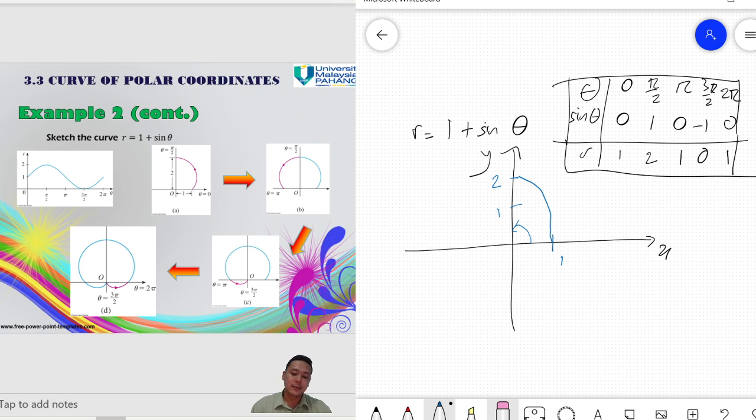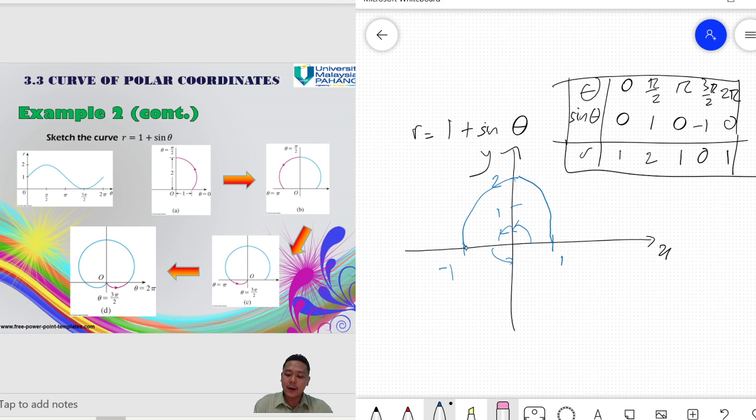It will not be as beautiful as on the left. If we move to degree pi, then the distance is 1 as well from the origin. Now comes the interesting part, where R becomes 0 for the case of 270 degrees, 3 pi over 2.